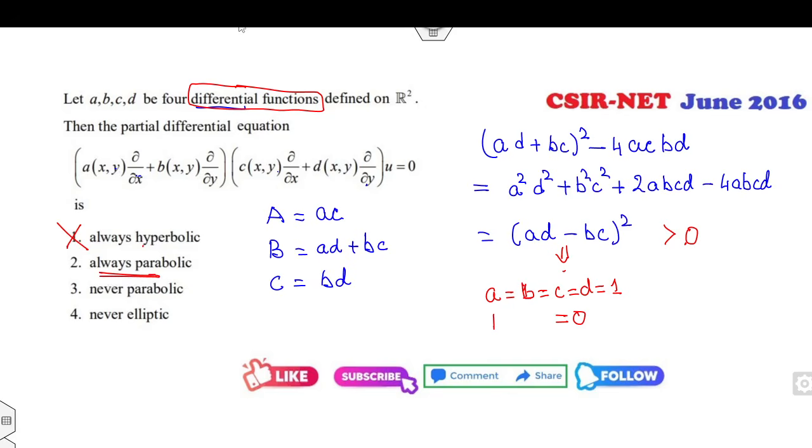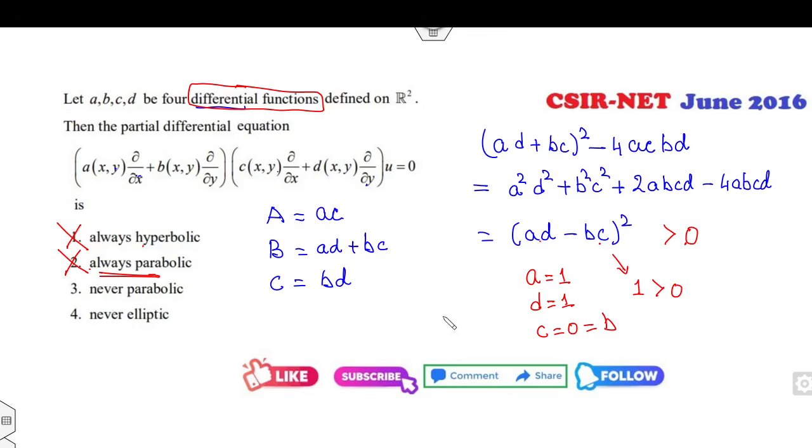Is it always parabolic? Can you choose some values of ABCD so that it will be greater than 0? If I choose A is 1, D is 1, C and B both are 0, then you can clearly say that this value will be 1, which is greater than 0. That means always parabolic is not possible.